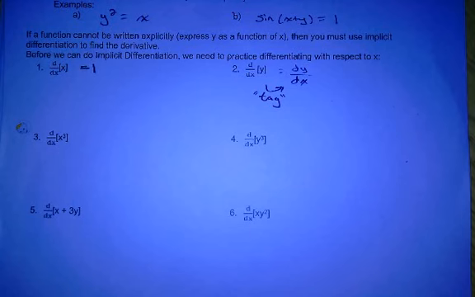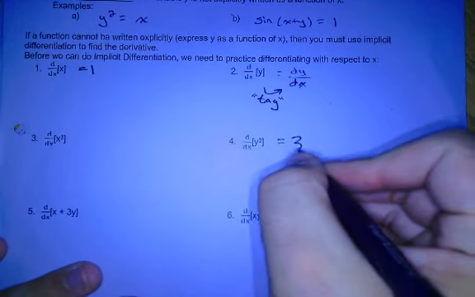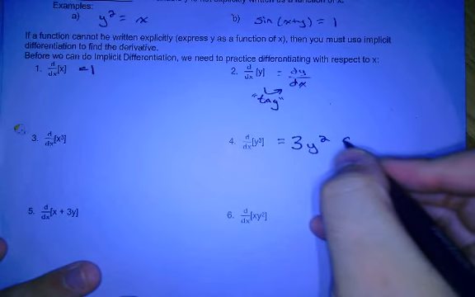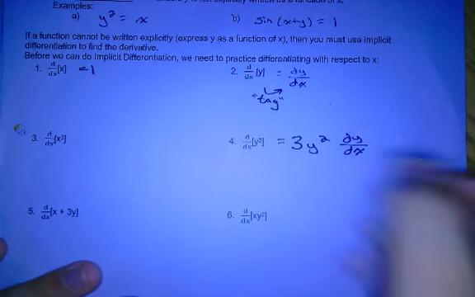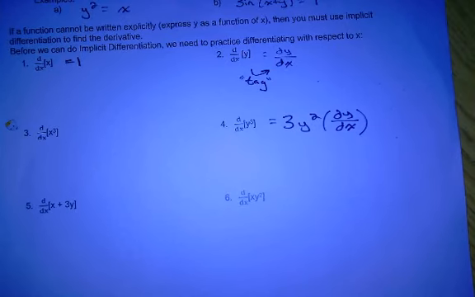It would be 3x squared. Same idea here. So what's the derivative of y cubed? Three y squared, but you have to tag it. Okay? Every time you take the derivative of a y, you have to tag it.